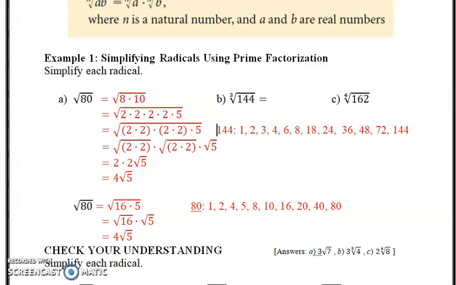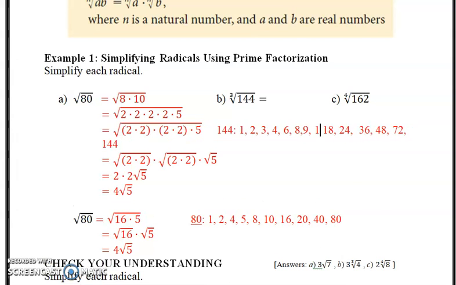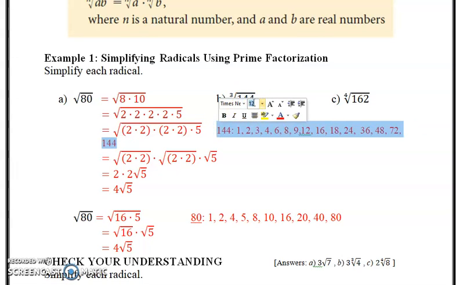Right, so you're listing all the factors. This is just another method. Keep going. 9 and 16. 10 doesn't work, 11 doesn't work, and then it's just 12 and 12 is the last one, right? So there's all your factors. And what you want to do is find the one that has the greatest perfect cube.